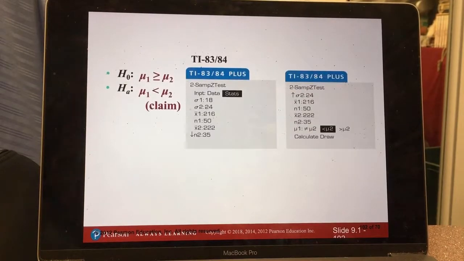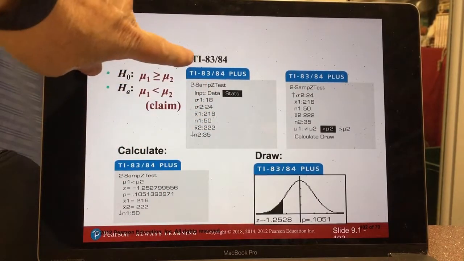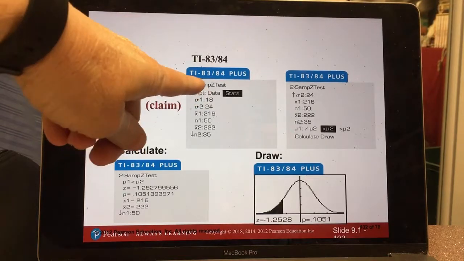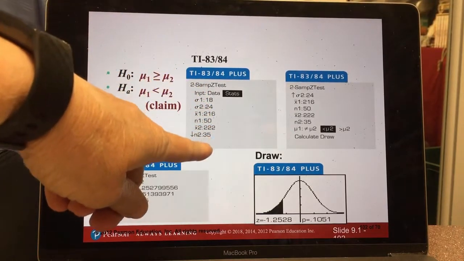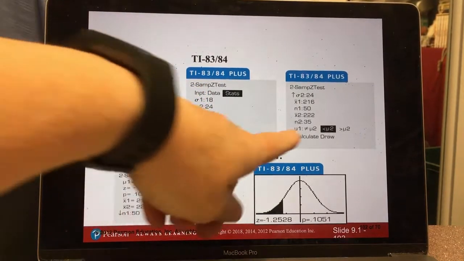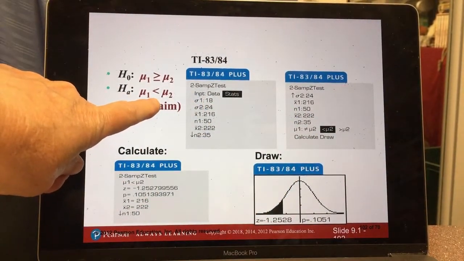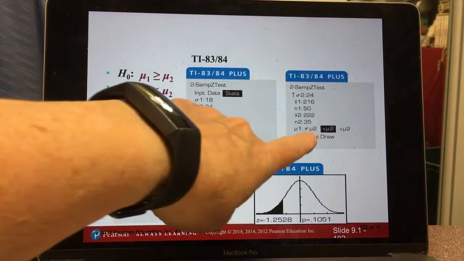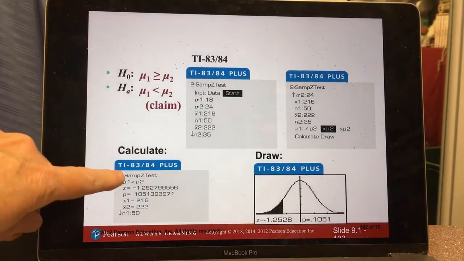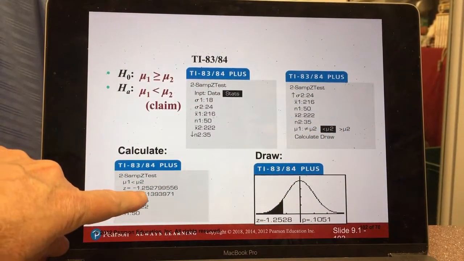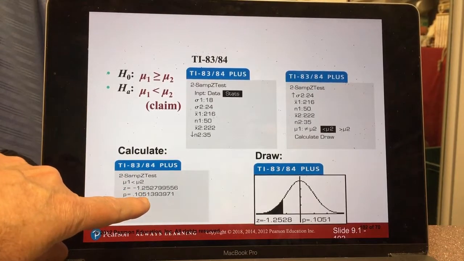Here were our claims, and they showed you the TI-83/84 entering all the data like I did. Then we had the less than test because of our alternate hypothesis. We're going to use less than instead of not equal to. When we do it, we get that for our z and that for our p-value.